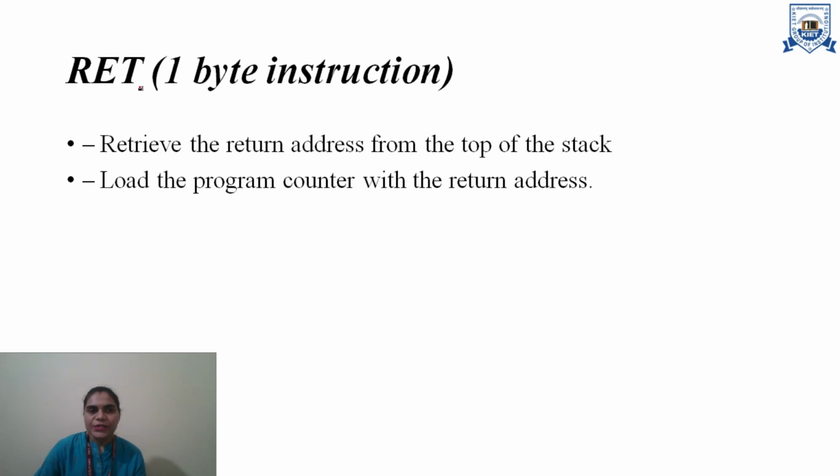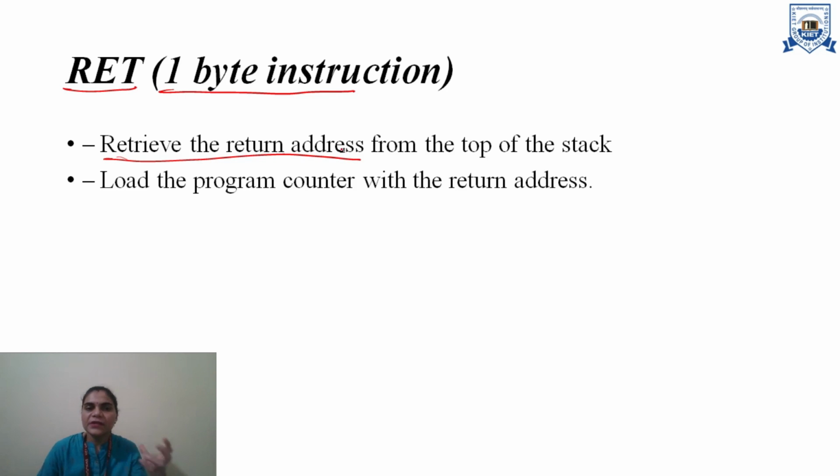RET instruction. Once the subroutine has finished, the control will return to the main calling routine. RET is a 1-byte instruction that retrieves the return address which was stored in the stack.